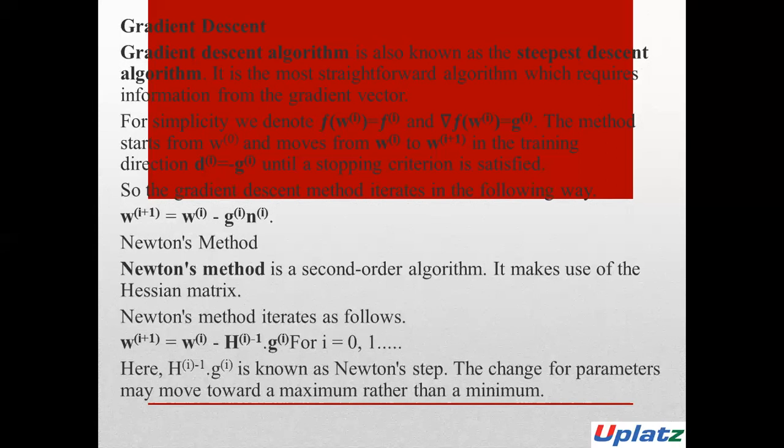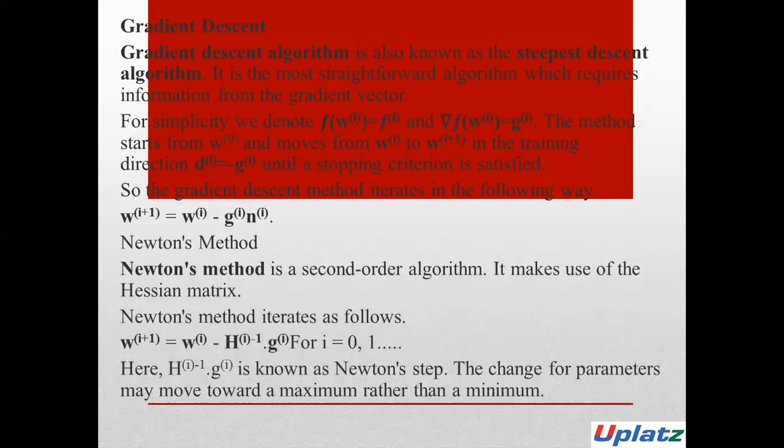So the gradient descent method iterates in the following way: w(i+1) equals w(i) minus g(i) multiplied by eta(i). This is the gradient descent method, which is also popularly used in machine learning.